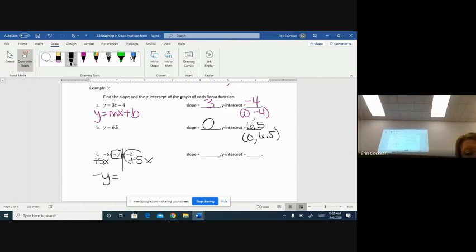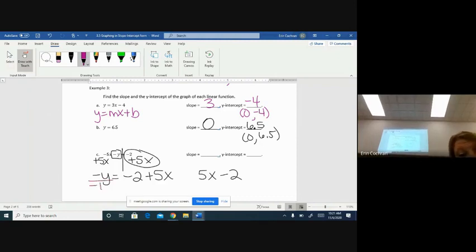Can I add negative 2 and 5x? No, why not? They're not like terms, right? So can I rewrite this as negative 2 plus 5x? Is that okay? Or could I write that as 5x minus 2? Yeah, either way, it doesn't matter. Okay, now how do I get rid of the coefficient of -1?